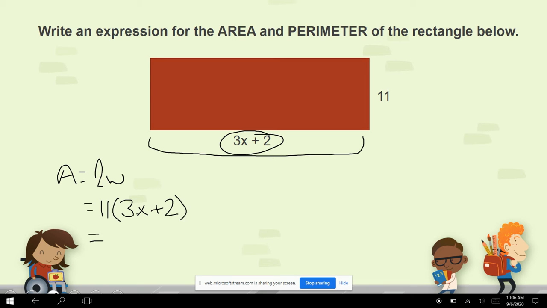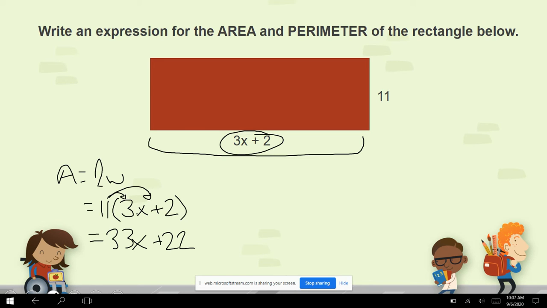I cannot say it enough. You have to make sure it is in parentheses. And then we can apply the distributive property of 11 to the 3x and to the 2 to get 33x plus 22. And that is your final answer for the area. It is a simplified expression for the area.